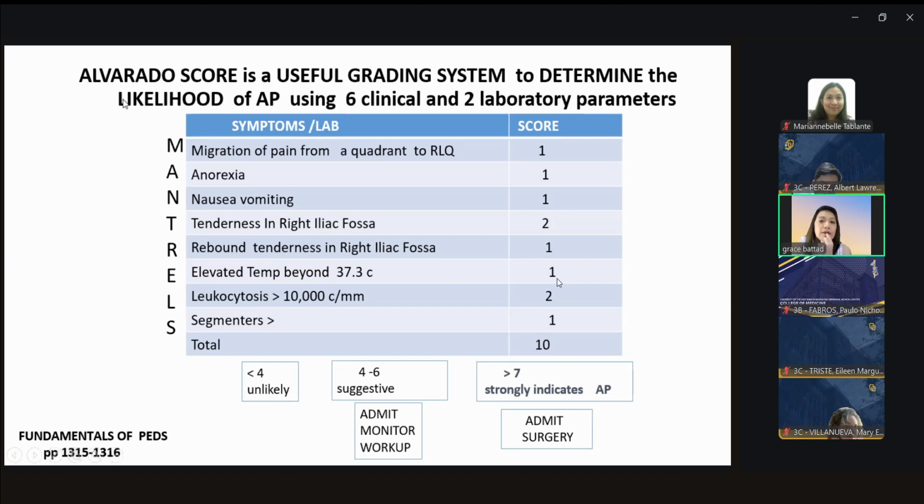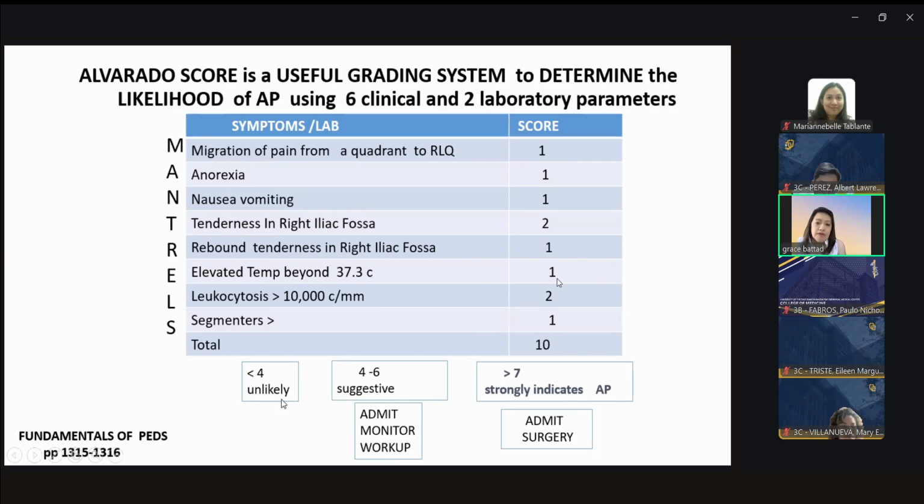So we have here a total score, the Alvarado score of 10, or the Mantrell scoring of 10. All scored 1, but we have 2 for right lower quadrant and 2 for leukocytosis, from migration from quadrant to the right lower, anorexia, vomiting, etc.